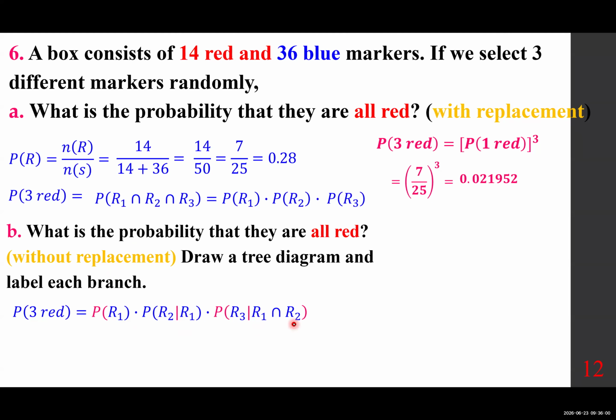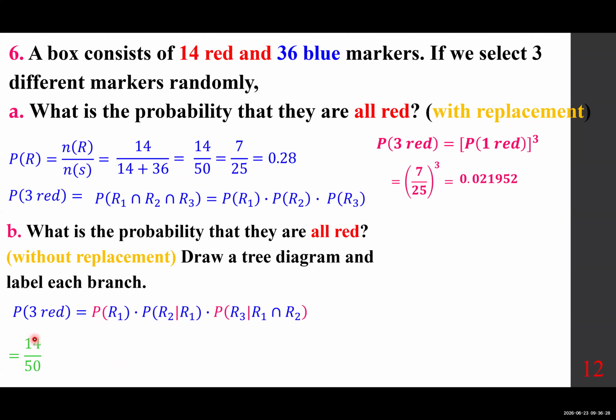And it's important to understand the first one was just 14 out of 50. And instead of 7 over 25 or 0.28, I'm going to put 14 over 50, just the way it was given. Remember, it's without replacement. So how many markers do we have total? 50. But for the second one, 1 is gone. So the denominator is 49.